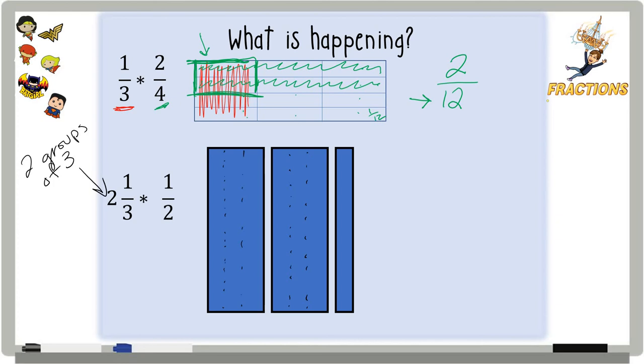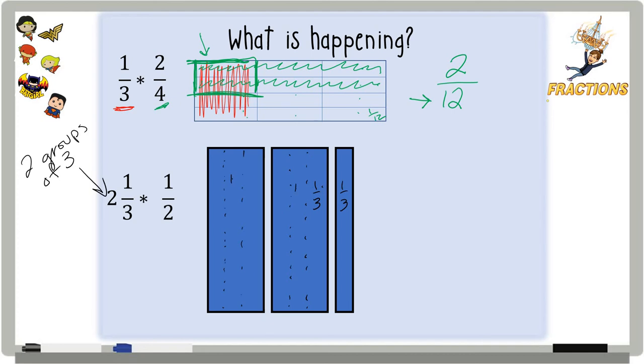Or I could look at it and say, okay, well, here's 1/3, and here's 1/3, and here's 1/3, which we know makes 1 whole. But then here's another, another, another, and another. So altogether, I have 1, 2, 3, 4, 5, 6, 7 thirds that I'm looking at. Okay? So now, I'm going to erase those so it doesn't get confusing in a minute here.